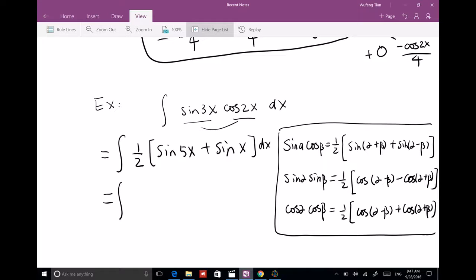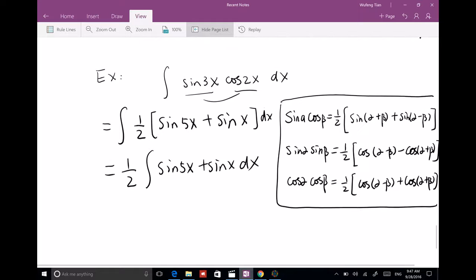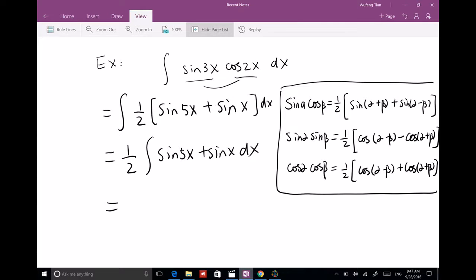So half is a coefficient, you can just take it out. So half, sine 5x plus sine x dx. Can you continue to finish this? The integral of sine 5x would be negative cosine 5x over 5.